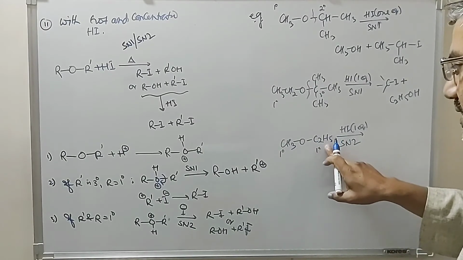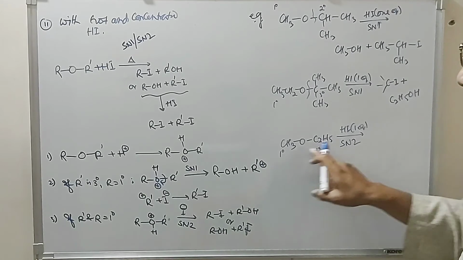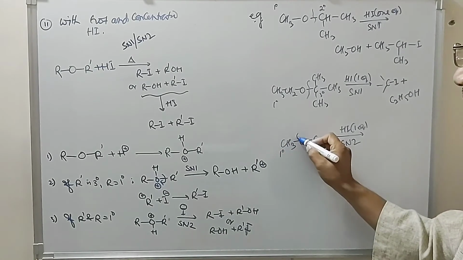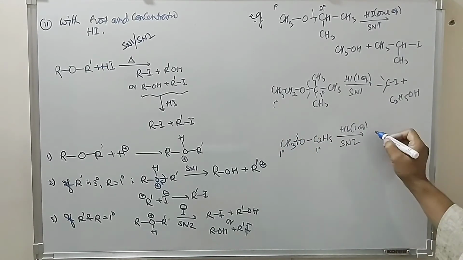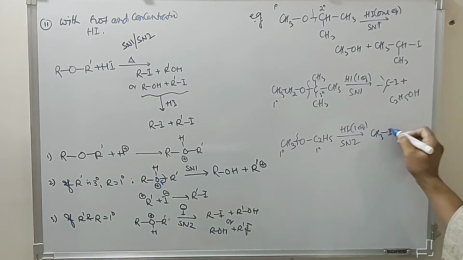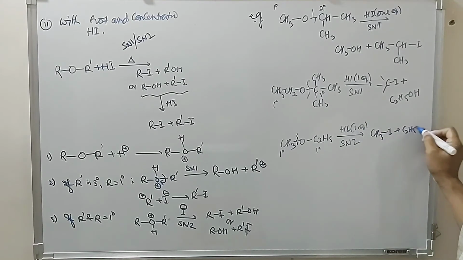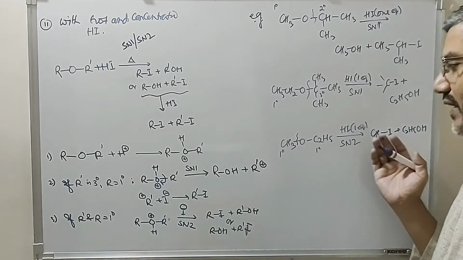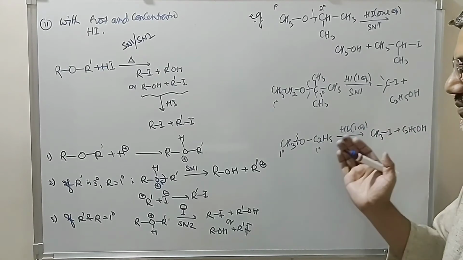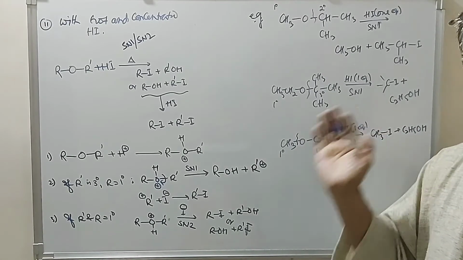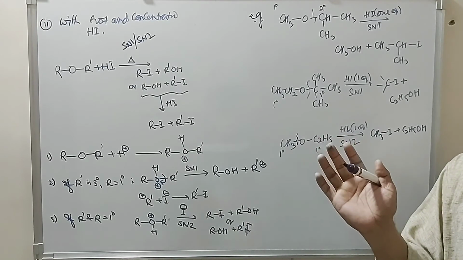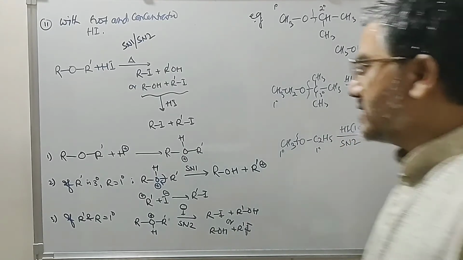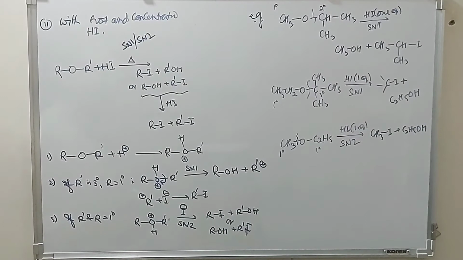So this means less sterically hindered, I minus will attack this and we have to break this bond. So we have CH3I plus C2H5OH. So in case of SN2, iodide will go with the alkyl group having fewer carbon atoms.